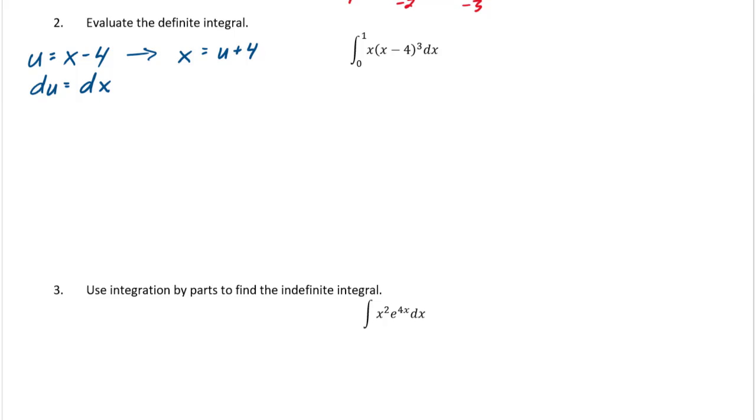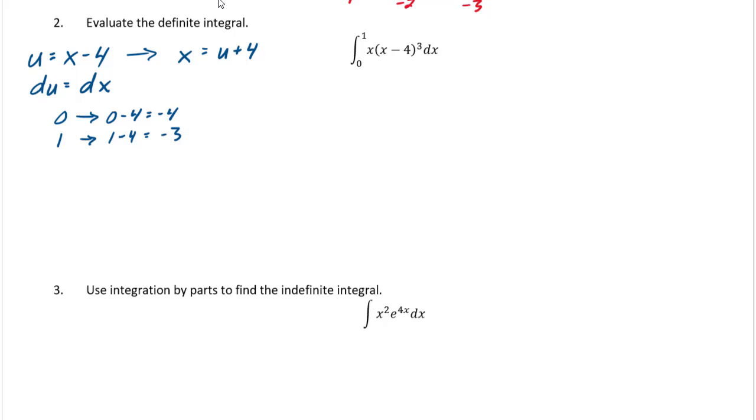But now let's figure out what those two numbers would turn into. So the 0 that I have as the lower limit, if I substitute into this u substitution, it would become 0 take away 4, which is just a negative 4. Similarly, the 1, that's the upper limit, plug that in, I get 1 take away 4, which would give me negative 3.